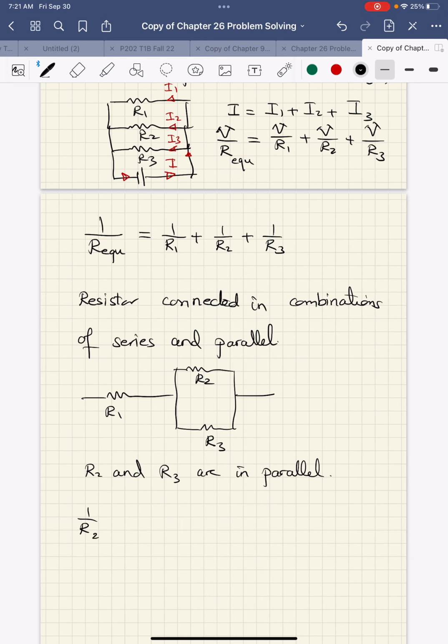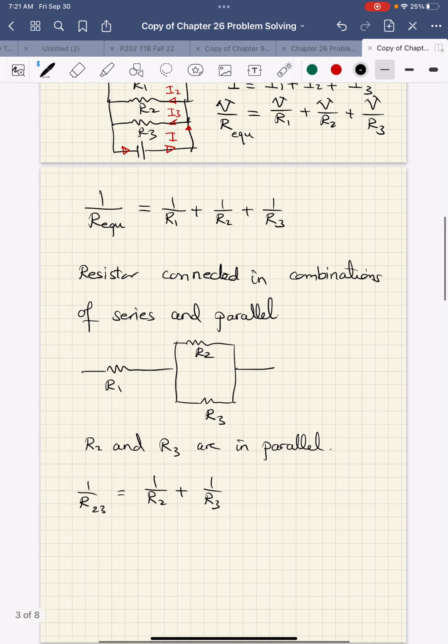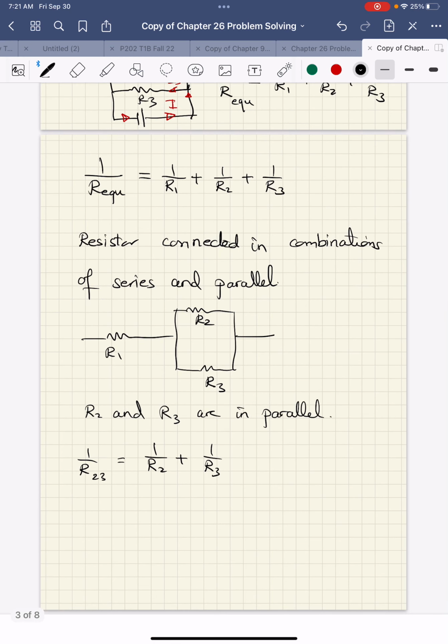R2,3 is 1 over R2 plus 1 over R3. After I calculate this, R equivalent is going to be R1 plus R2,3. And I can replace in my circuit just with that resistor.